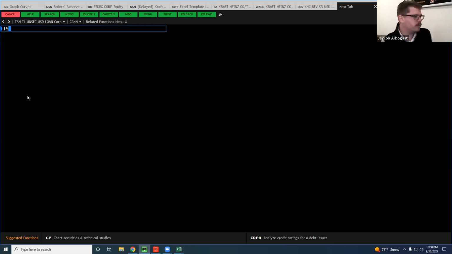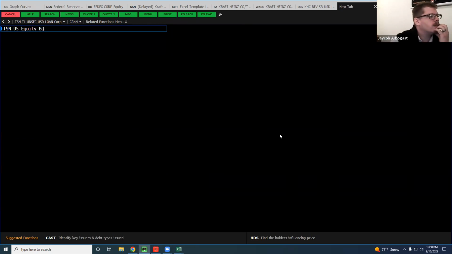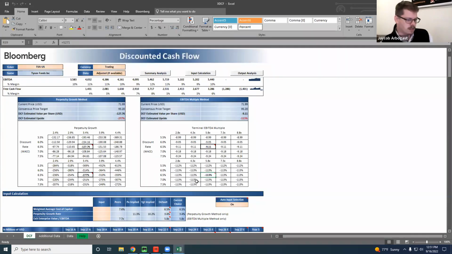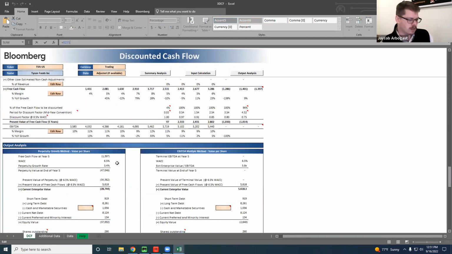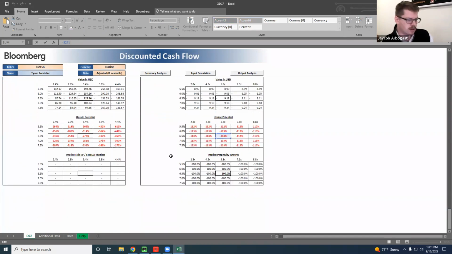On their bond. Their current stock price is $71.99. So this shouldn't be down 113%, right? So let's go look for it. There it is.